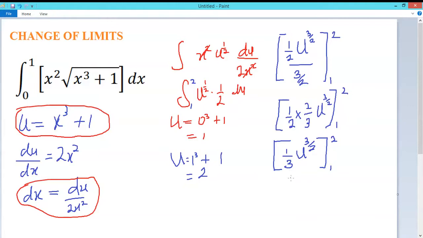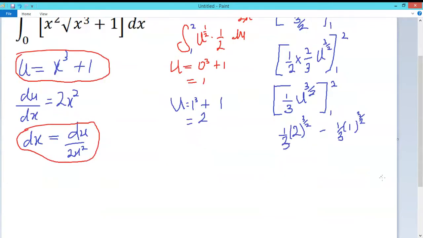Then we now introduce our limits. Upper limit first. When u is equal to 2, we place in the u. So 2 raised to the power 3 over 2, minus the substitution of the lower limit, 1 raised to the power 3 over 2, all over 3.